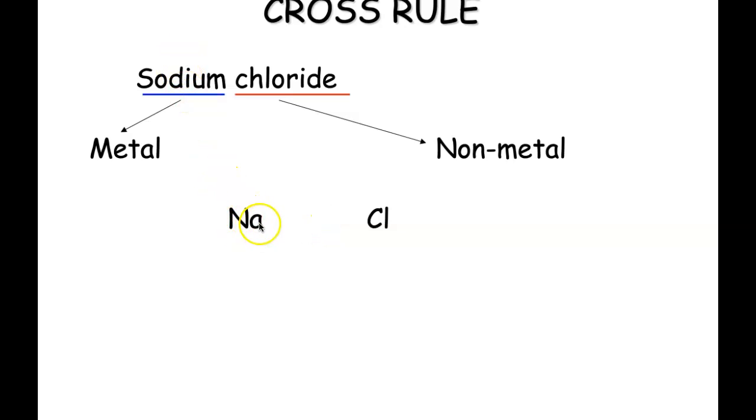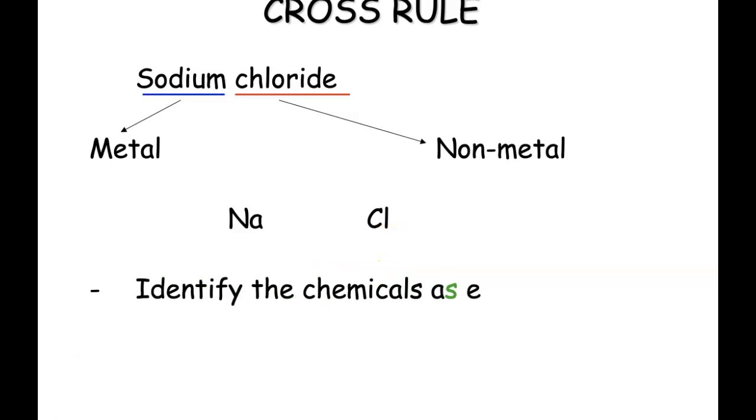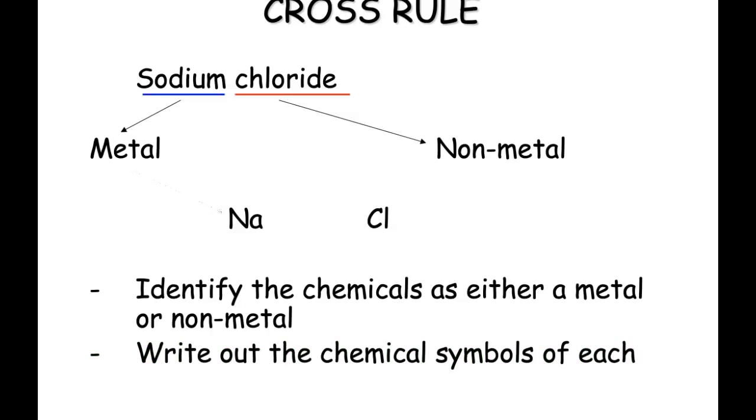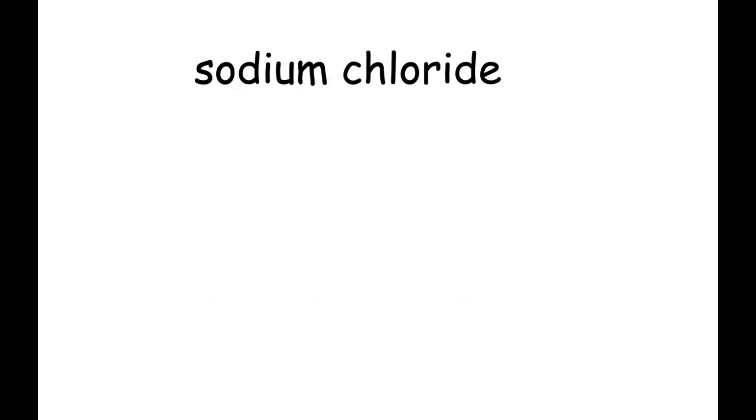Sodium's symbol is Na. I know that's one that always throws us because it's not SO. And chlorine is Cl. And then what we would do is we would figure out if it's a metal or a nonmetal. Obviously, we've already figured out that sodium is a metal. Chlorine is a nonmetal. And then we would write out those chemical symbols, just like we've done here.